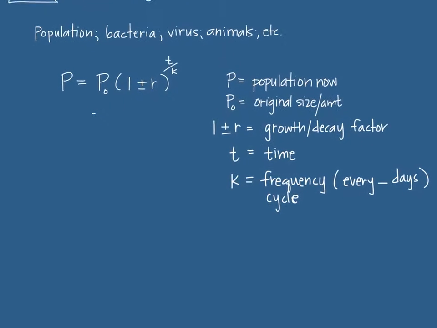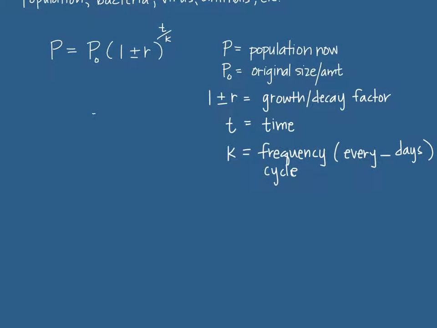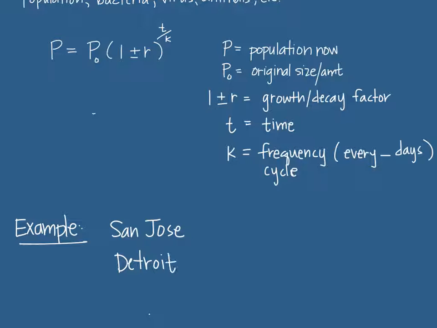All right, so let's practice with the numbers already being there. Here's an example of something you might need to look at, and what you could tell with the numbers already there. San Jose and Detroit. I'm going to give you a population model for both. San Jose, a West Coast city in California, and Detroit, a Midwest city. Here are the population models for both.